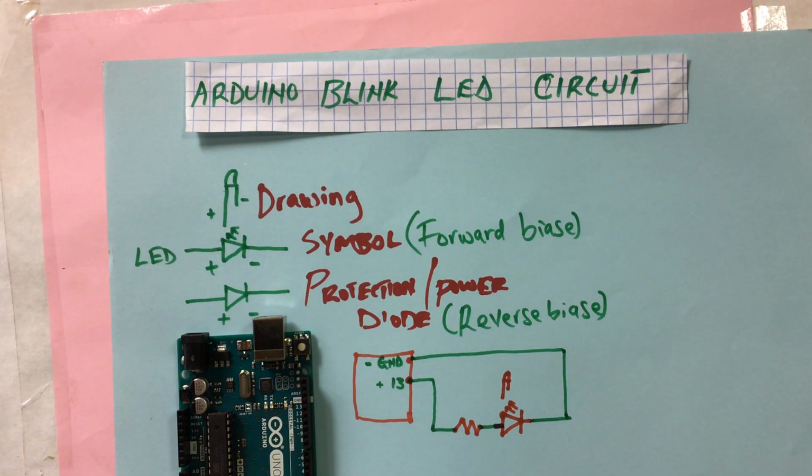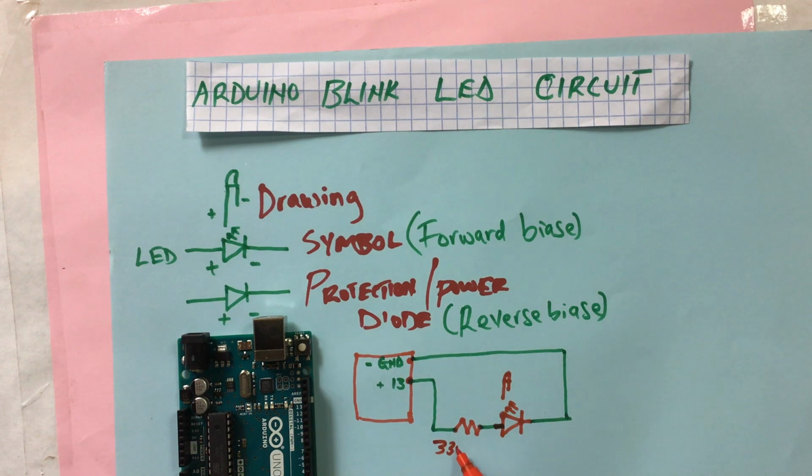So when we name our components, remember we said the resistance is normally measured and it has a value. So the resistance we are using for this specific LED, we are going to use a resistor of 330 ohms.